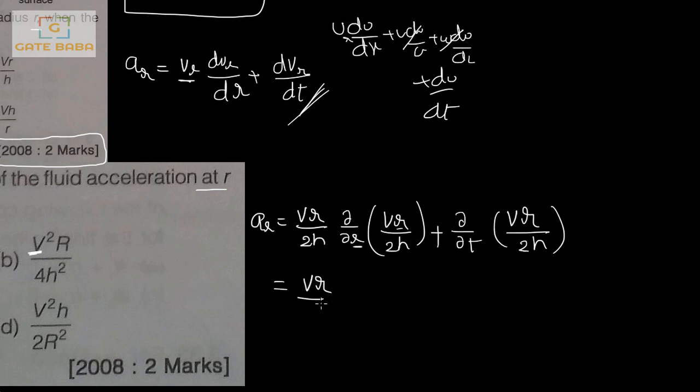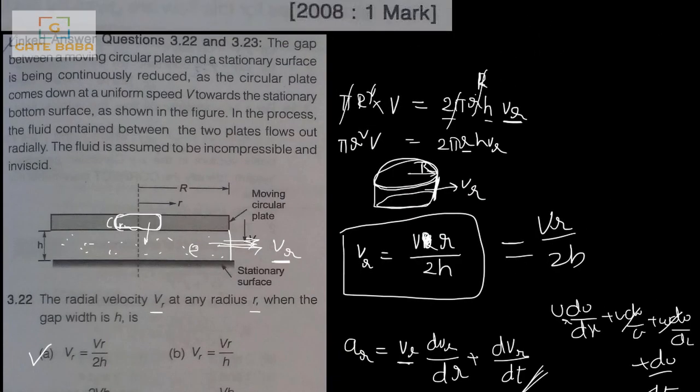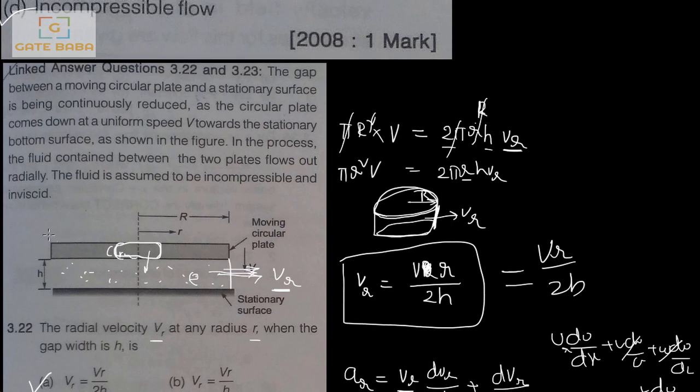So that is VR by 2h, for r it is 1, so that means V by 2h, plus here the confusion comes. If time changes, what is changing? Is the radius changing or the height changing? Just observe the figure. If time t equals 0 seconds, the plate is here.